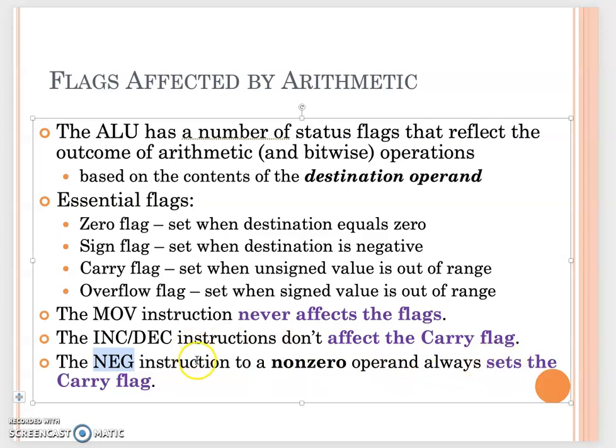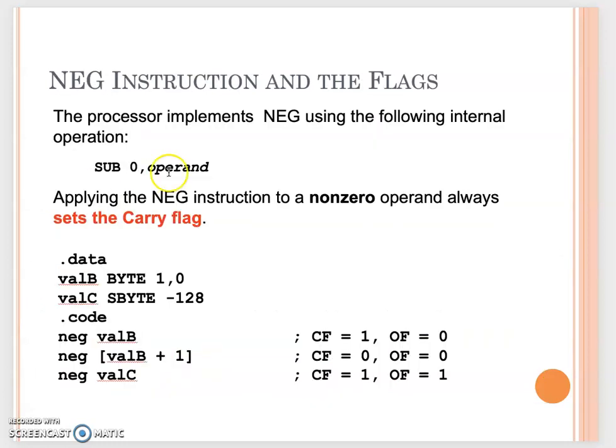Let's see why, and how neg works. We talk about neg from the decimal point of view: we just change the sign. If it is negative 128, I change it to positive 128. But that is from the human point of view.